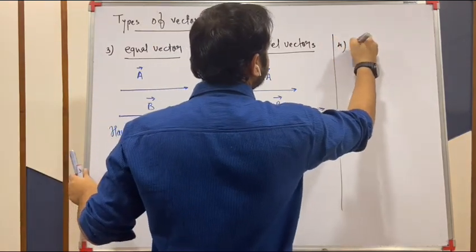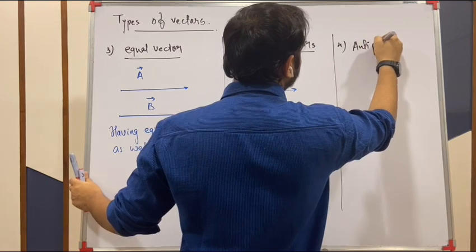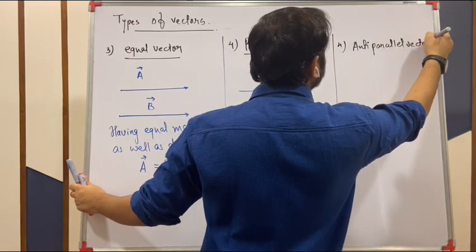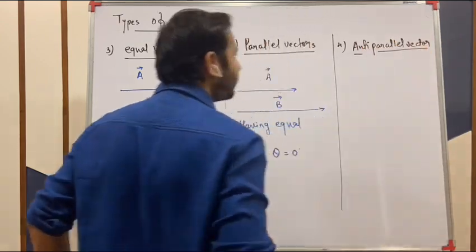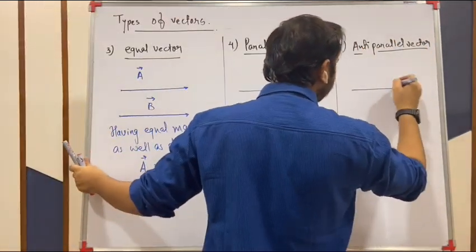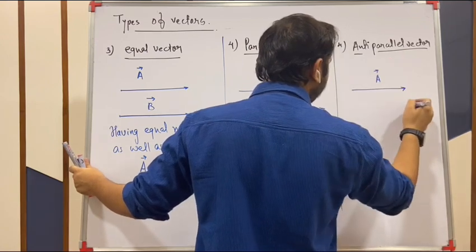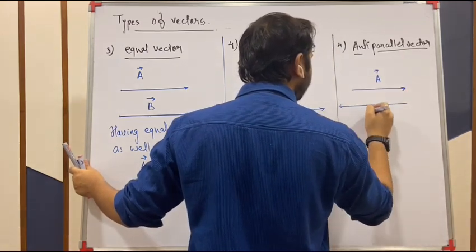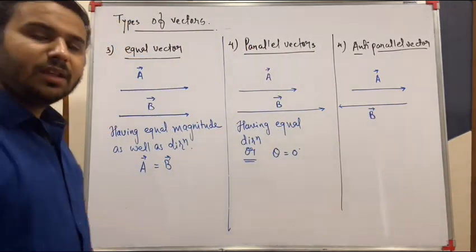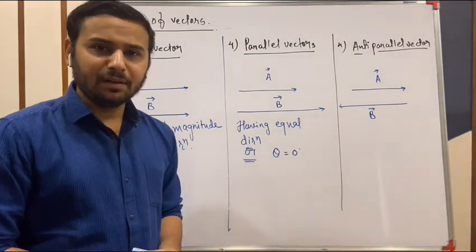Next, you can say anti-parallel vectors. In this kind of vector, both vectors A and B, are these two parallel or anti-parallel? Anti-parallel.